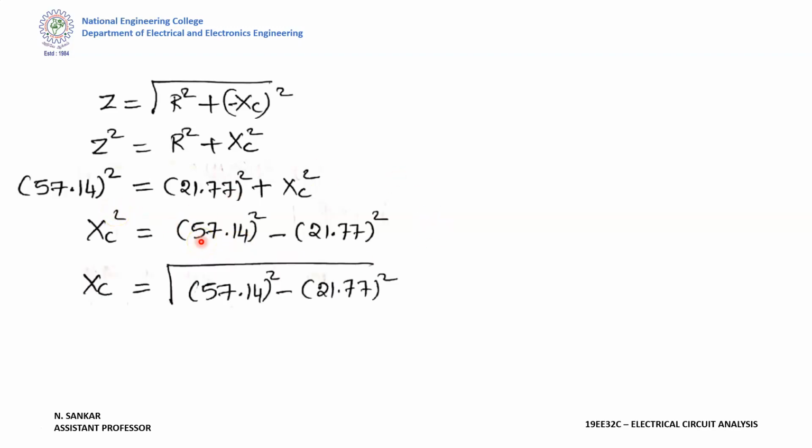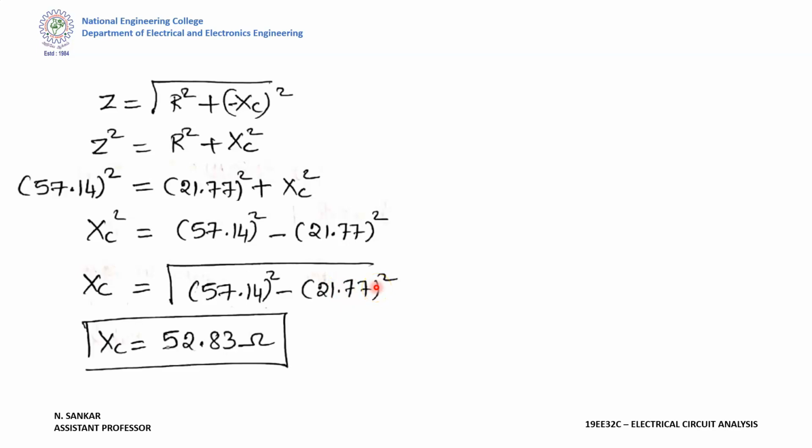Now substitute the known values: for Z 57.14, for R 21.77. Now bring 21.77 to this side. So XC square is equal to this. From there XC is equal to root of 57.14 square minus 21.77 square. From there XC is equal to 52.83 ohm.